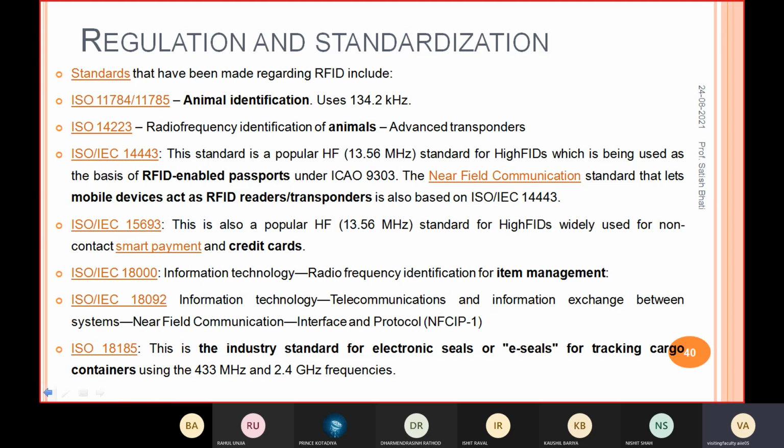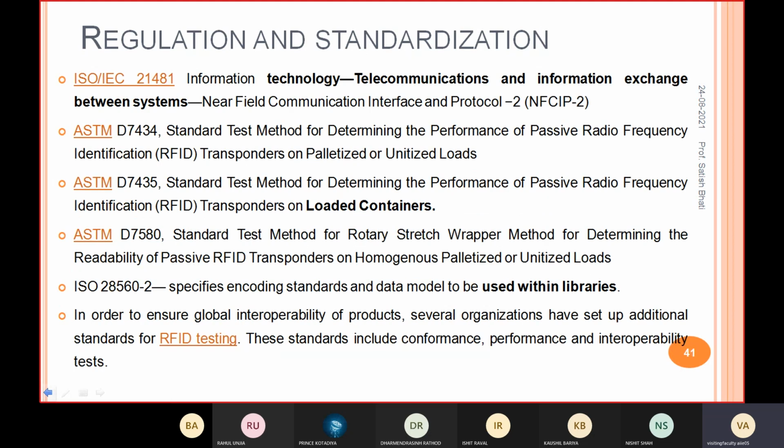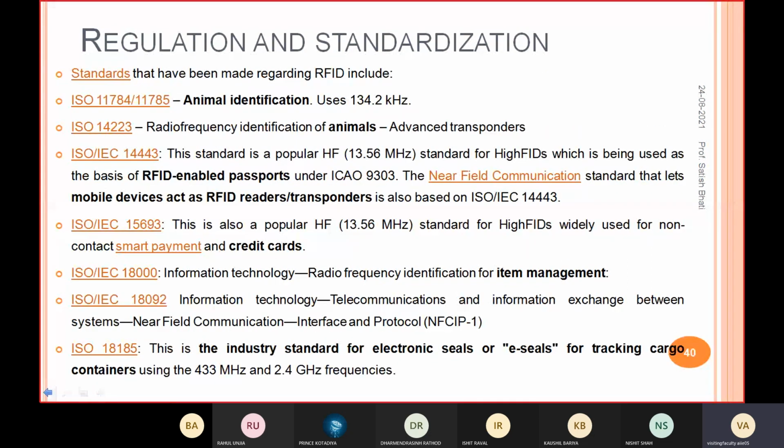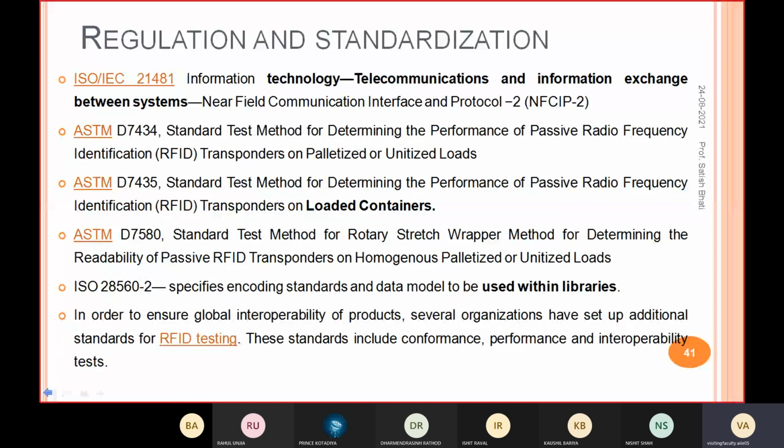So these are all different standards. Then there is NFCIP-2, which is also about information technology, telecommunication and information exchange between systems.